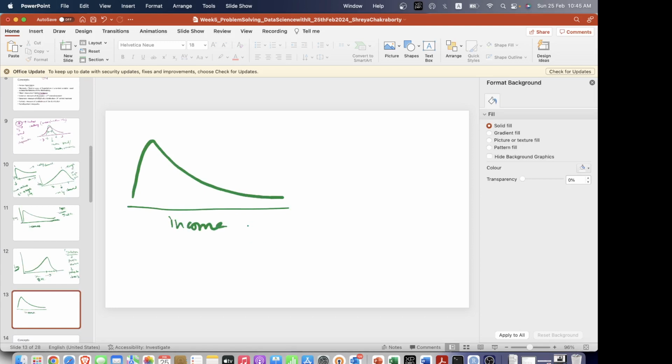We have income along the x-axis and frequency along the y-axis. So if you have a very skewed distribution like this, and your question is to find the average income of the population.